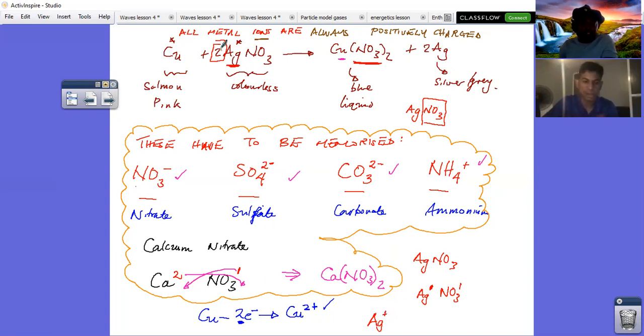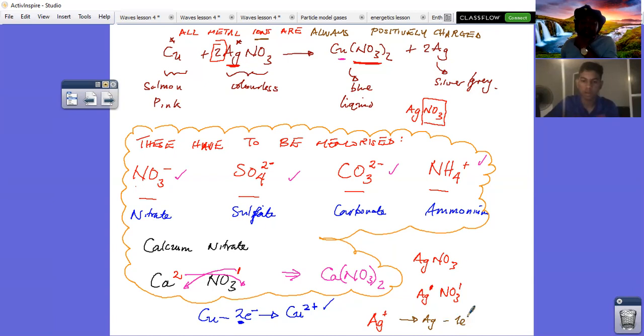And what's the next line? So it's gone from an ion and it's now formed an atom. So what happened to it for it to go from an ion to an atom?